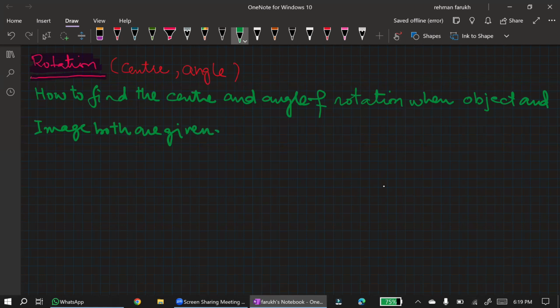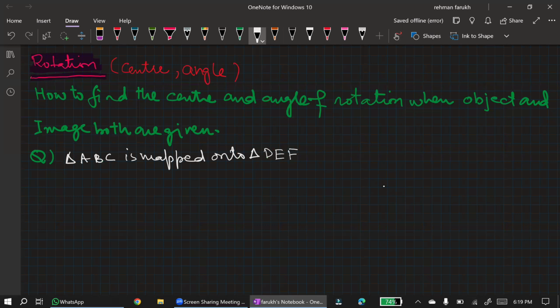Now the question is, triangle ABC is mapped onto triangle DEF under a rotation.